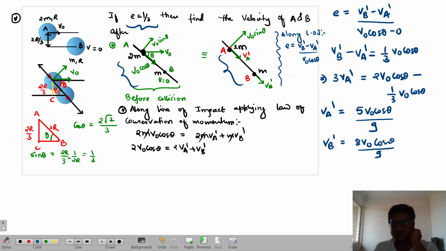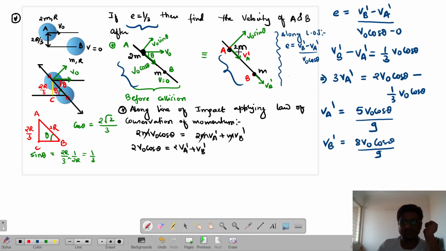So these are my velocities after the collision. Therefore, we can clearly see that for A there is a resultant velocity in this direction, because I have two components of velocity. It can be in any direction; we need to find it. We'll see how to find it.